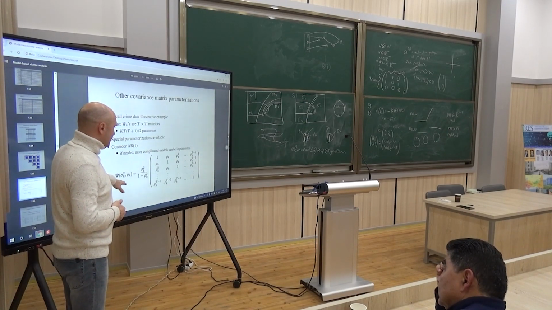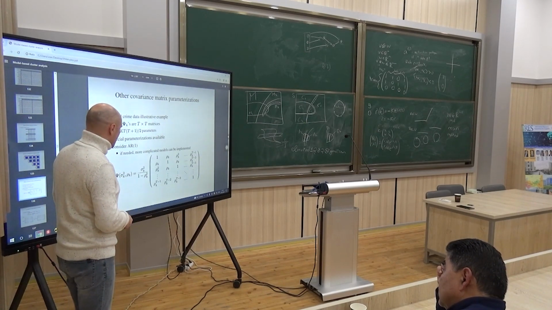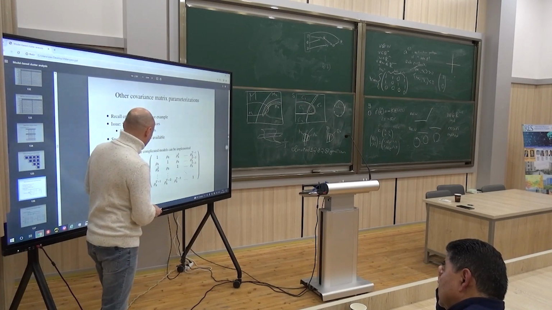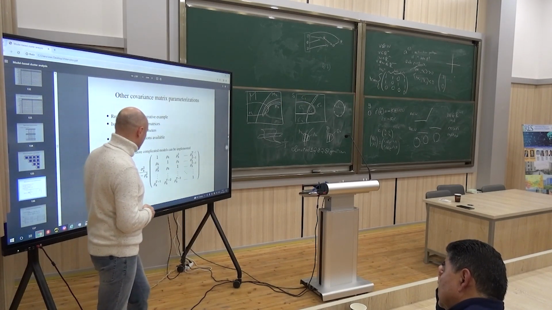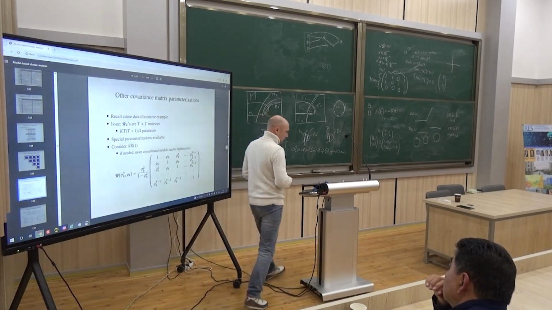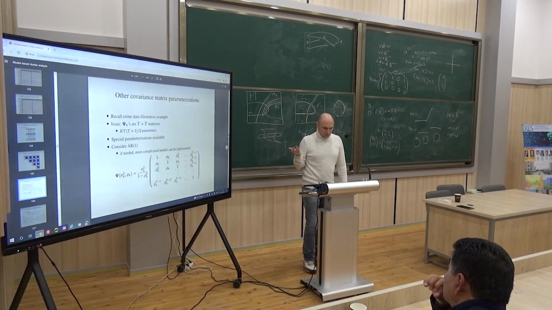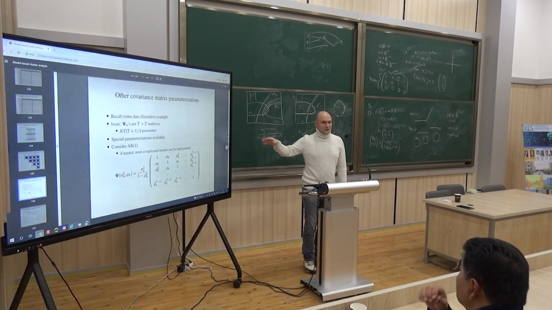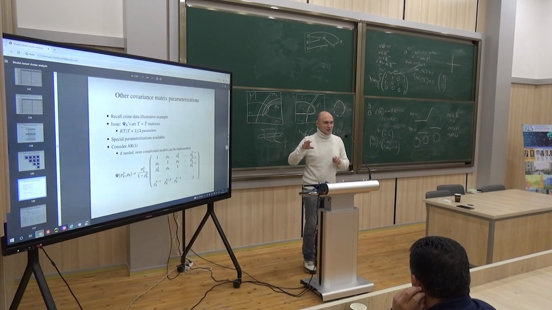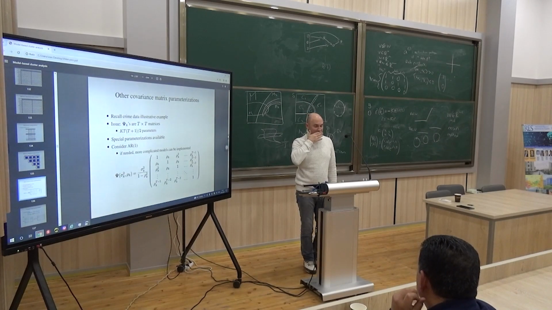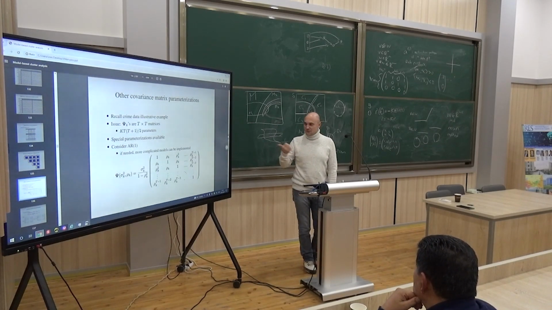Here's the covariance matrix of this form. It's pretty much a correlation matrix, and it has 2 parameters, the correlation and the variance. I can show you the autocorrelation structure, and it fits extremely well for this crime data set.